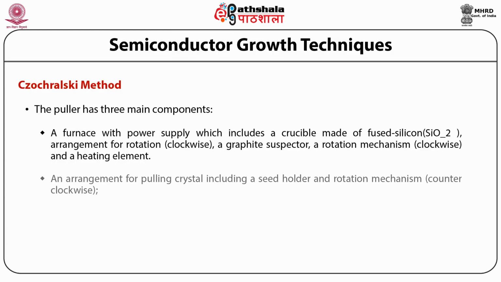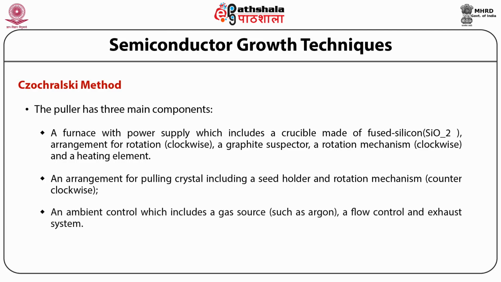Second, an arrangement for pulling the crystal, including a seed holder and a rotation mechanism for the counterclockwise direction. Lastly, it has an ambient control, which includes a gas source such as argon, a flow control and an exhaust system.